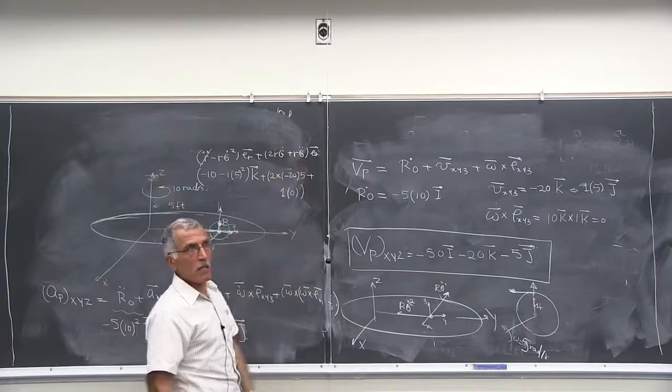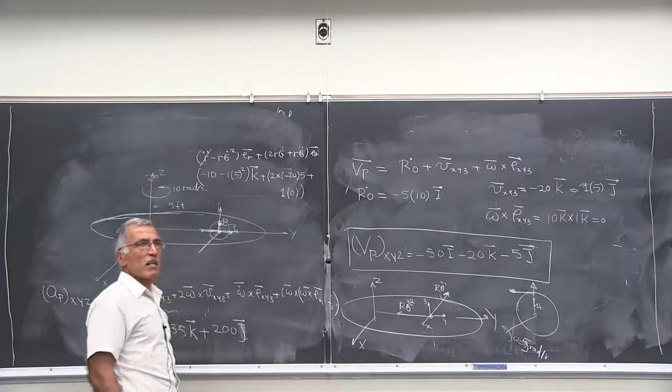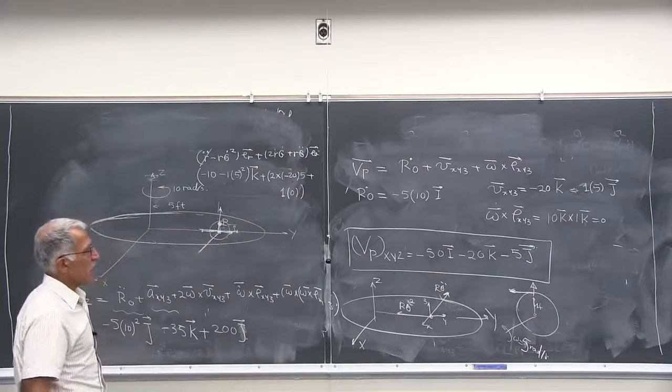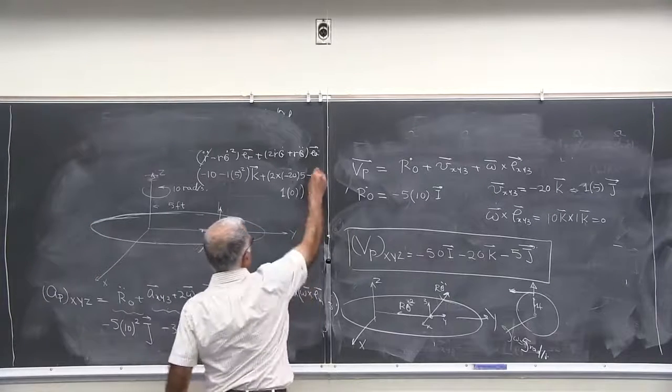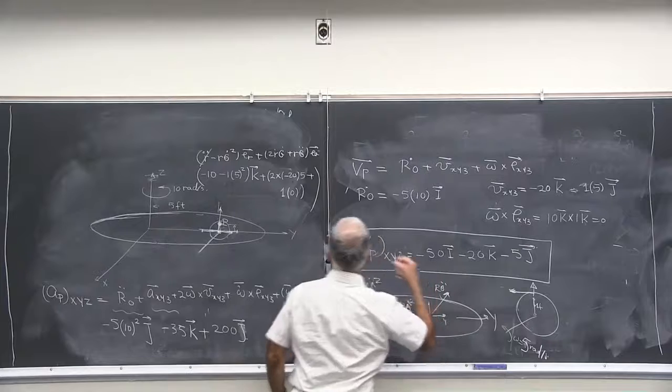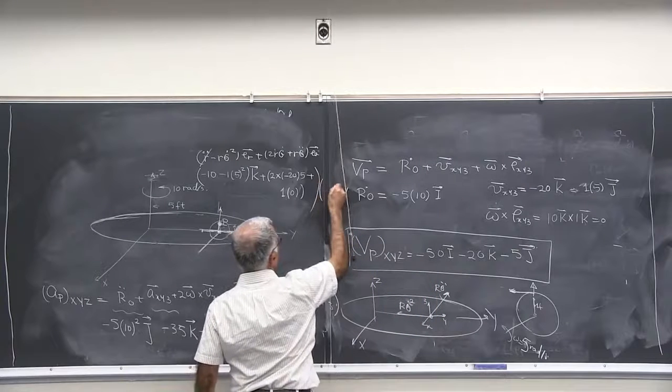We do not have theta double dot; it's going with the constant angular velocity. And your e theta at this instance is in this direction, which is minus capital I.